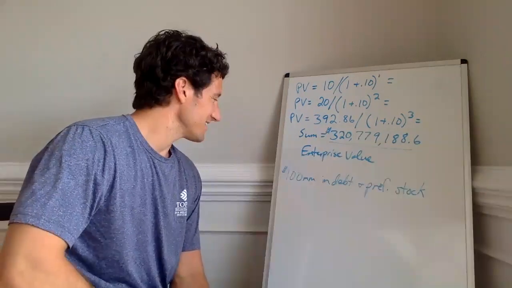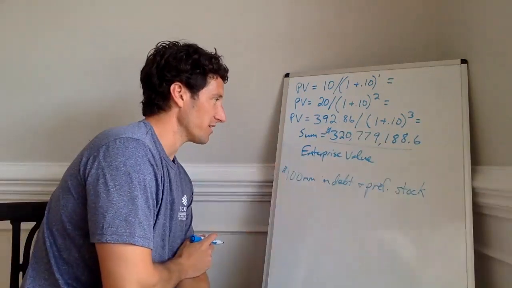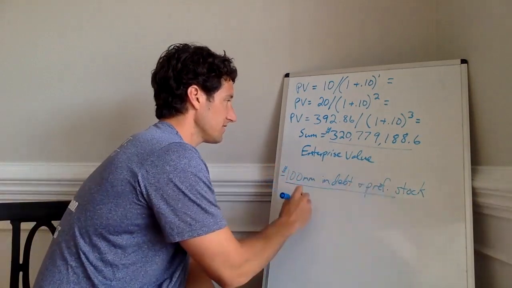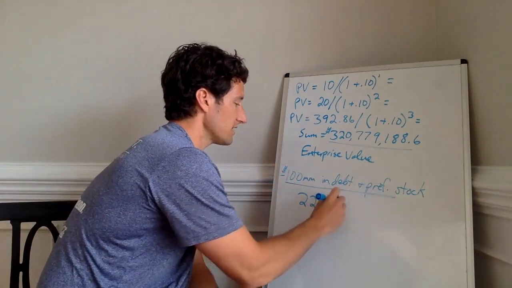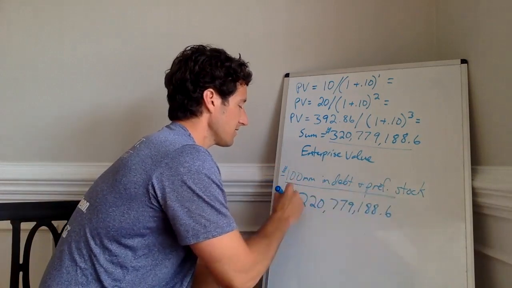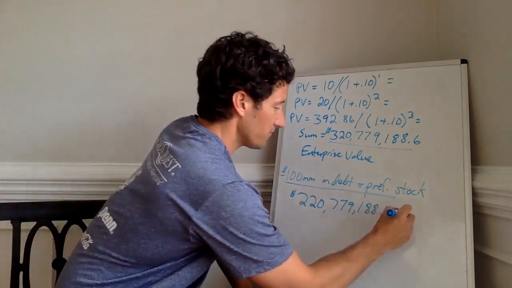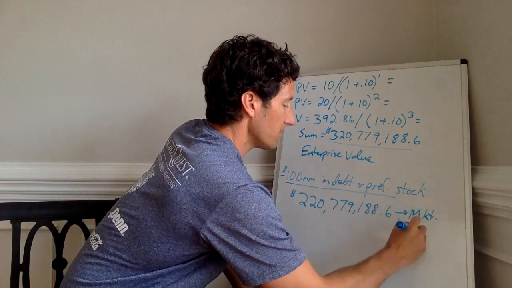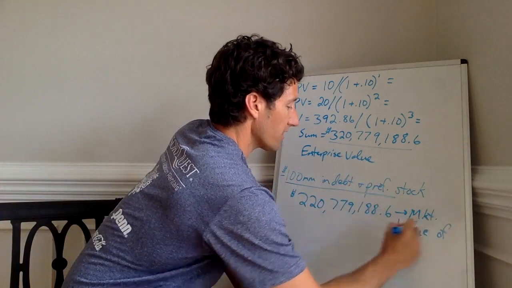All right, so you'll subtract out this 100 million, okay? 220,779,188.6. Now this is called your market value of equity.